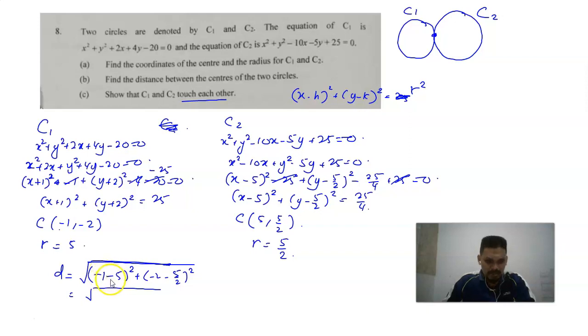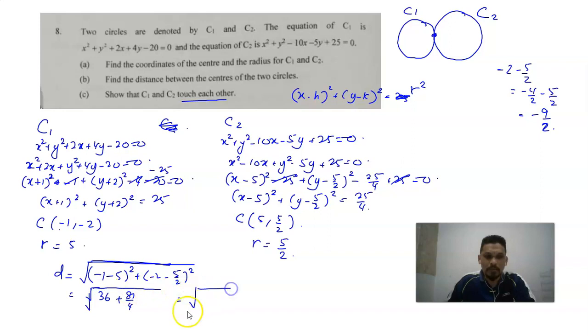Negative 6 squared equal to 36, plus negative 2 minus 5 over 2. Negative 2 is negative 4 over 2, minus 5 over 2, then negative 9 over 2. So negative 9 over 2 squared gives you 81 over 4.